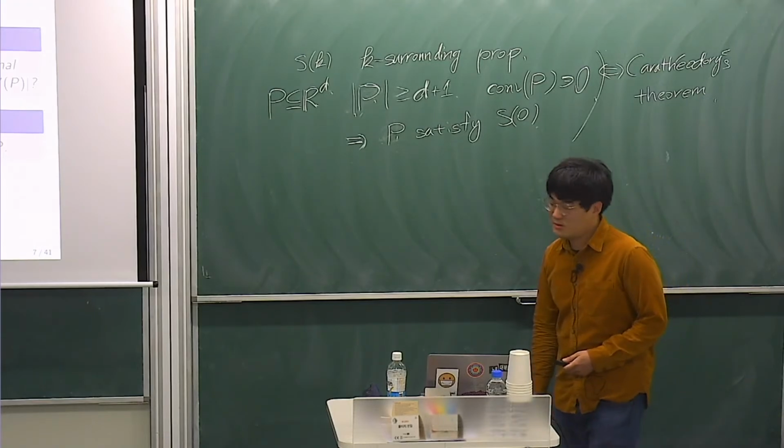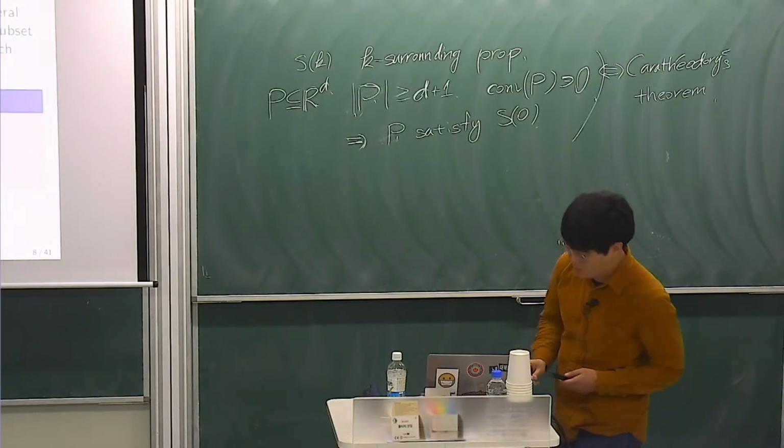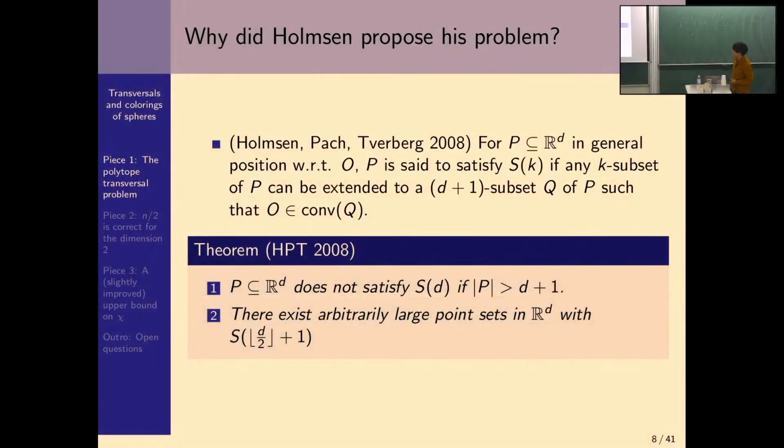Okay, so what I would like to say is that this surrounding property seems to be a kind of effort to generalize the Caratheodory theorem in the two extremes. In this paper, they have also shown that for K equal to D, this surrounding property is in general not satisfied whenever the size of P is greater than d plus 1.